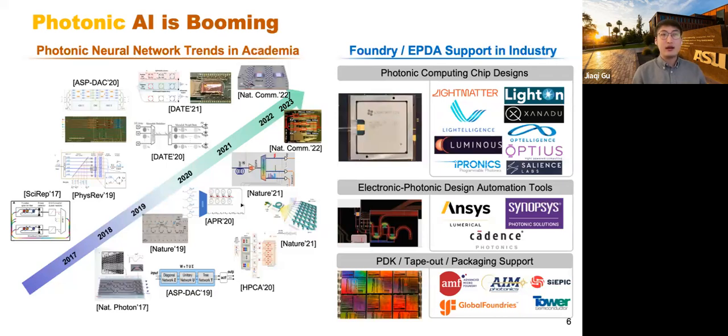You can already find 10 plus startup companies like Lightmatter, Lightelligence, and other companies developing their chips for optical interconnect, optical computing, optical quantum computing. And also the EDA vendors like Synopsys, Cadence, Ansys can support the hardware device simulation and layout automation. And most importantly, the foundry. Okay, the foundry can provide the device PDK for standard design and also chip tape out and packaging, so we can experimentally demonstrate the usage of those optical hardware.